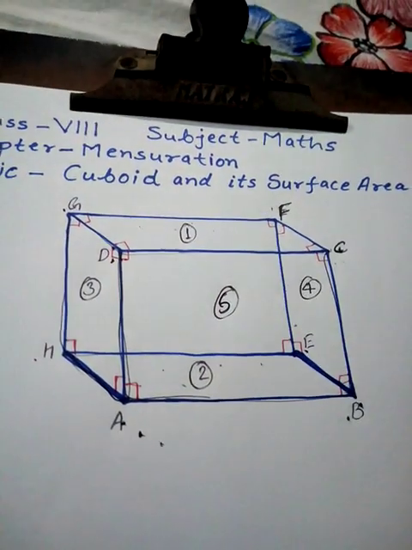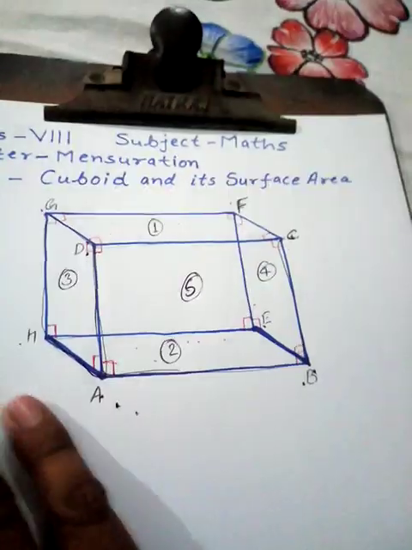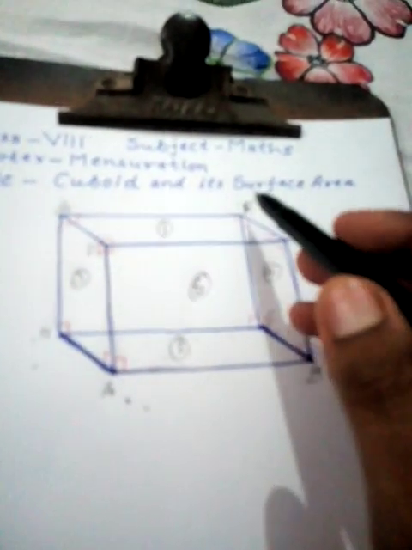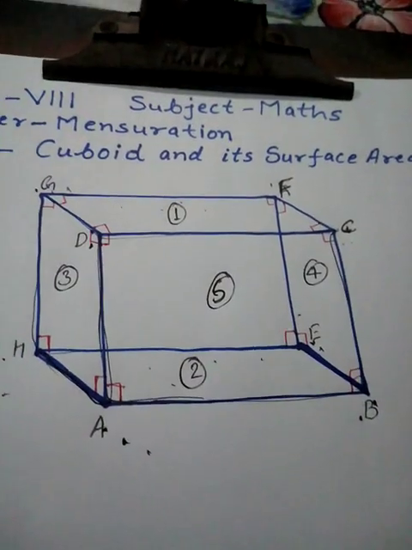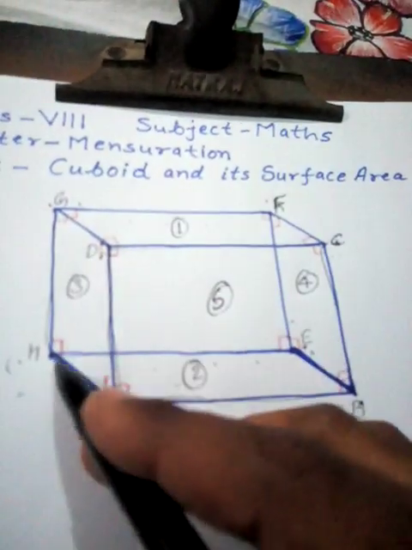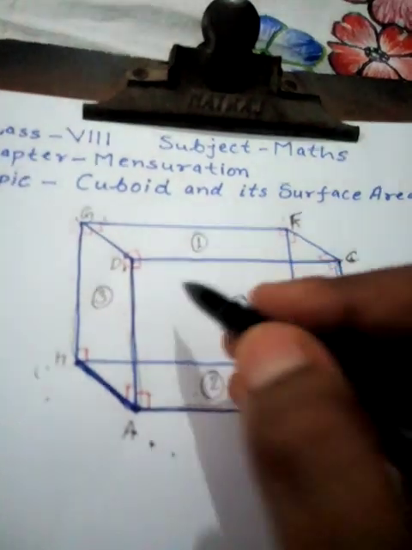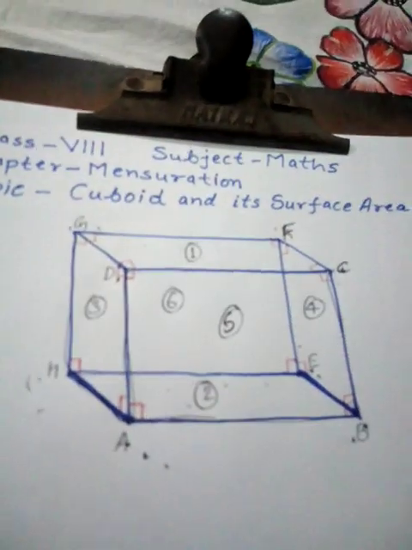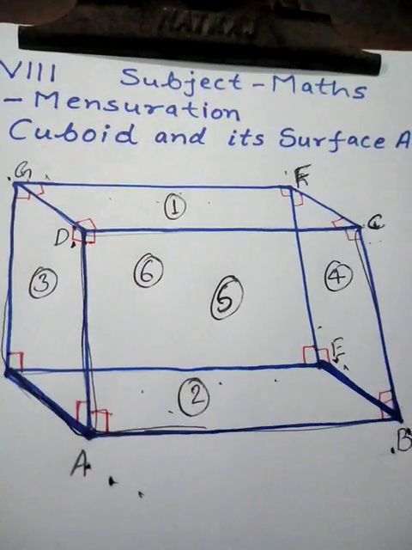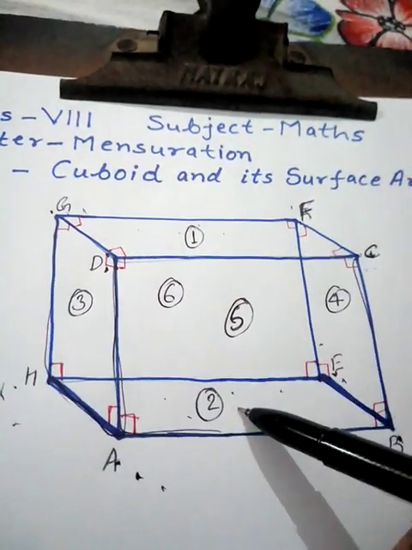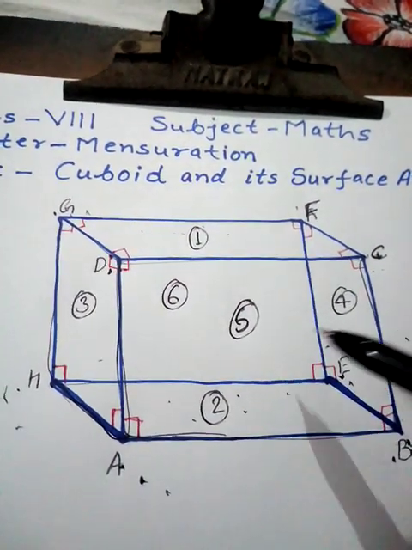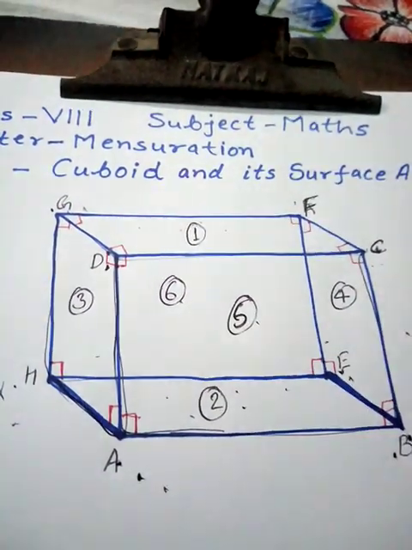And opposite of this surface is the backward surface, that is G H E F, or F E F G H, whatever you name it, and this is number 6. So here you can see there are 6 surfaces: 1, 2, 3, 4, 5 the front and 6 the back.